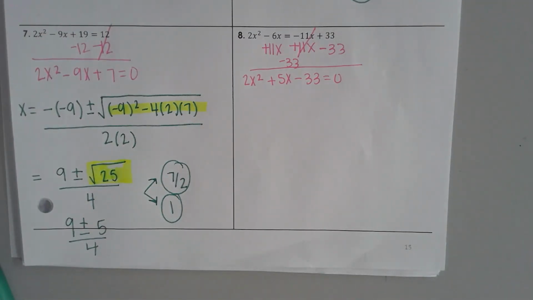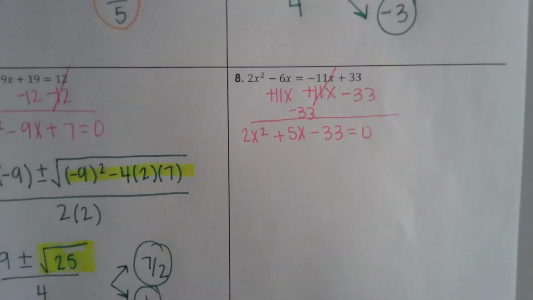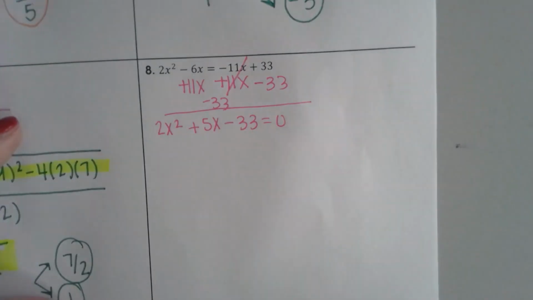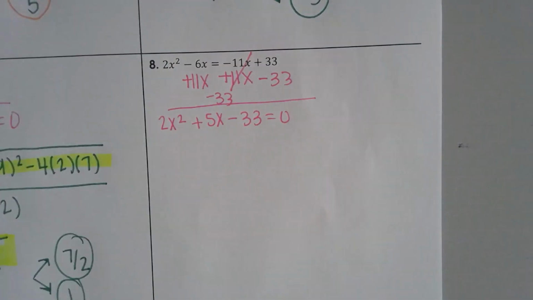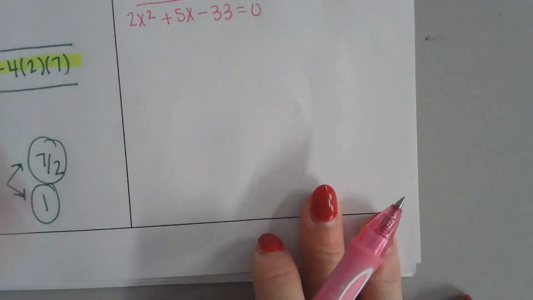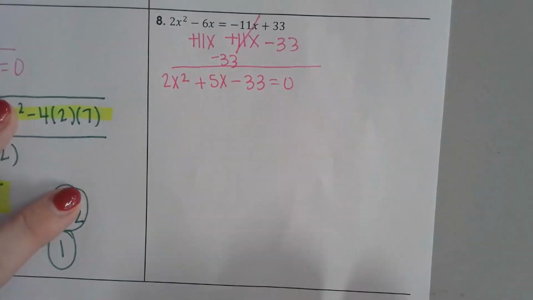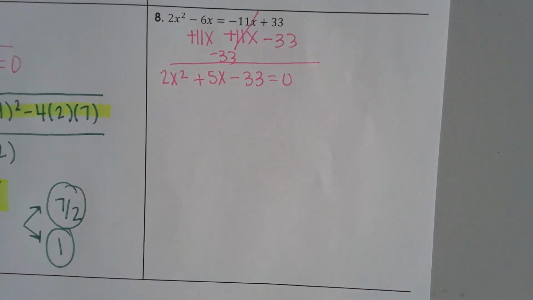So 2x squared plus 5x minus 33 equals 0. I want you to finish it from here.